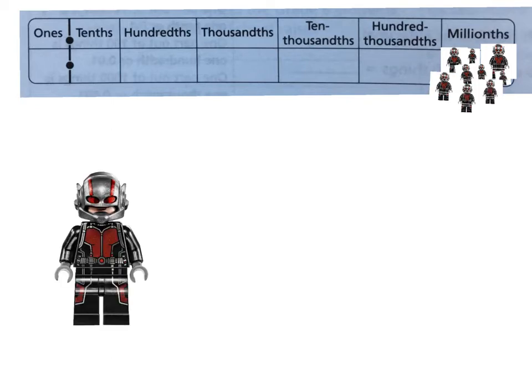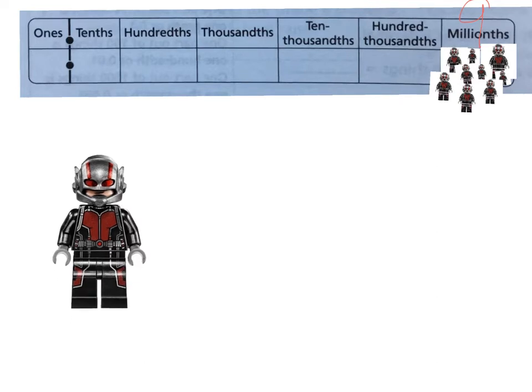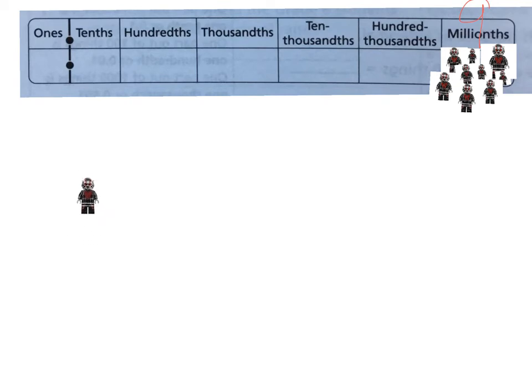Right now, we currently have 1, 2, 3, 4, 5, 6, 7, 8, 9 Ant-Mans. We can write 9 Ant-Mans, which is 9 millionths, just right there. If we added one more, how do we write 10 millionths? All right, let's shrink Ant-Man, shrink. You see my sound effects? And we'll put Ant-Man right here.